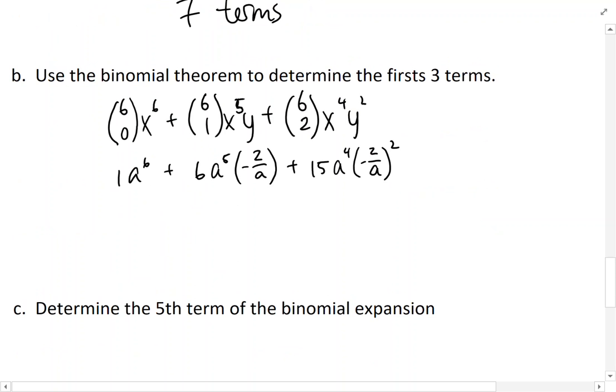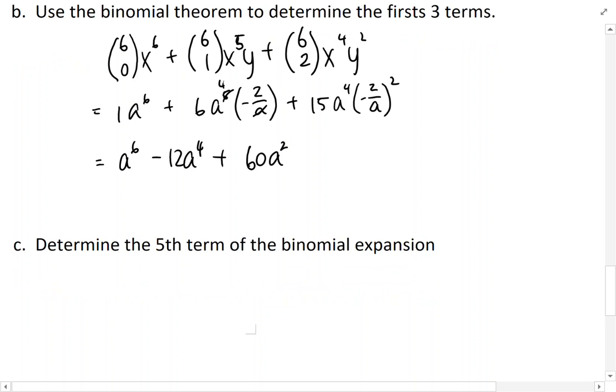We can simplify. So here, a^6 is going to stay as is. When we multiply these two, this is now a^4, and there's a negative sign, so it's minus 6 times 2, so minus 12, a^4. And the next one, we'll need to multiply this one out. So you should get 60a^2, okay?